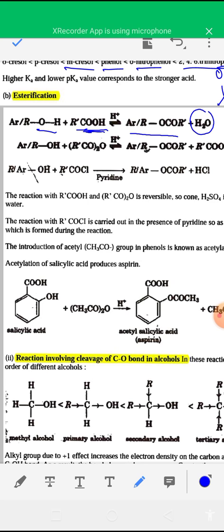When alcohols react with carboxylic acid in the presence of an acid catalyst, H2SO4 catalyst, you will get an ester and water.